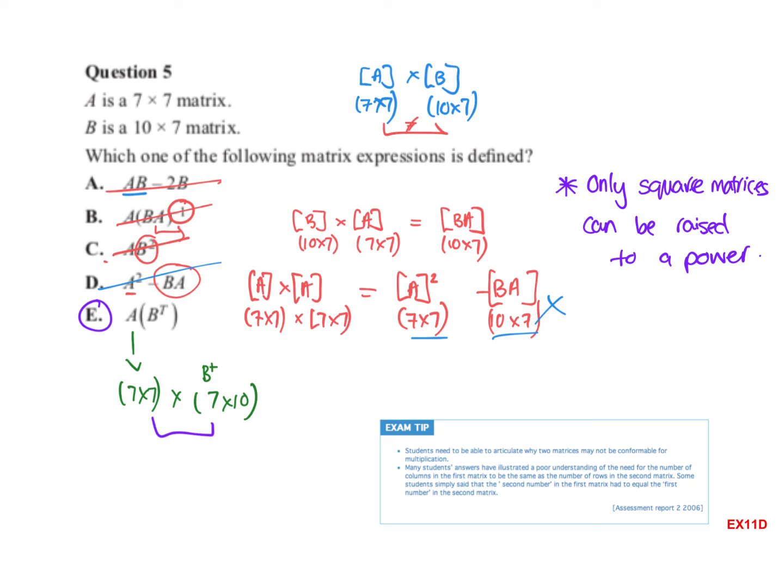And it said, many students have illustrated poor understanding of the need for the number of columns in the first matrix to equal the number of rows in the second. All right? And then it says underneath, don't use that equal sign. That's not going to count.